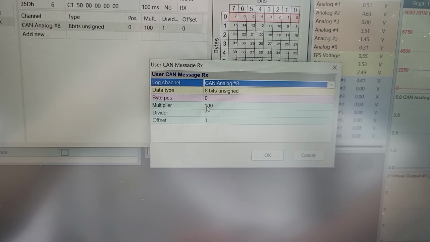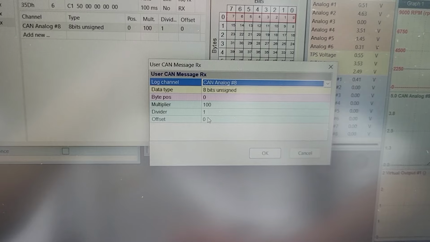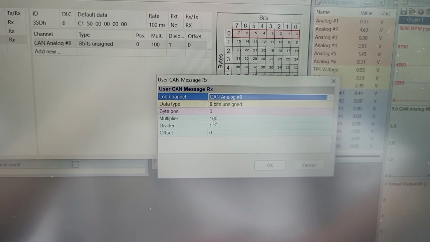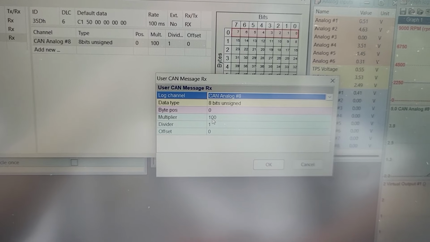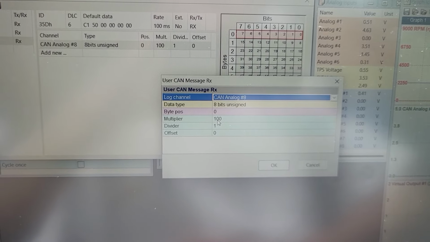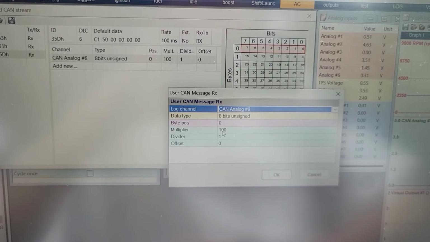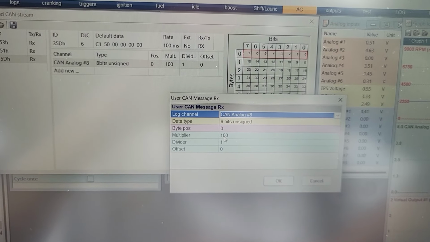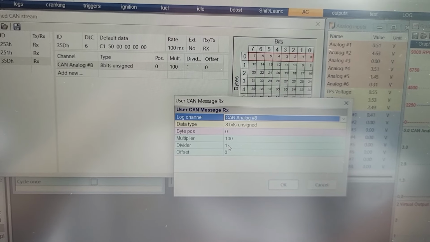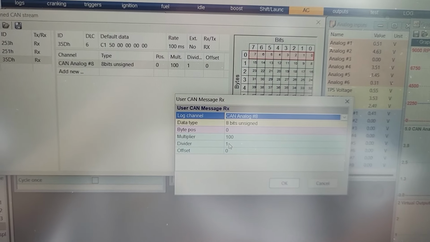We've got a multiplier, a divider, and an offset. What this is saying is when this message is being broadcast by its existing broadcast device, its source, the value has been multiplied by 100 and divided by 1. That's the best way that I can describe it.